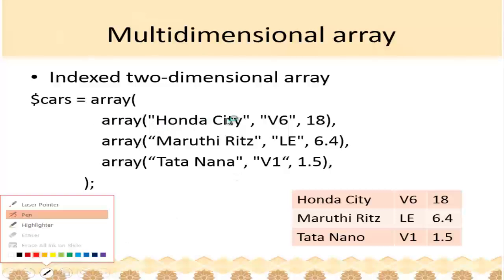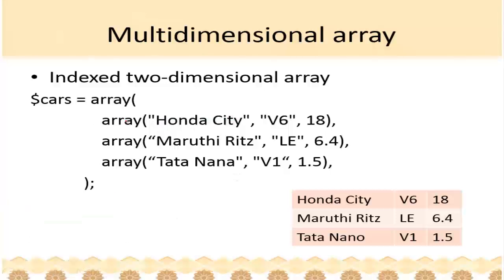So I have 3 elements here, and this is the first element. The next one will be this one, and the third is this. Within this array, if you want to get individual elements, then you have to go this way around. So this is how it goes.